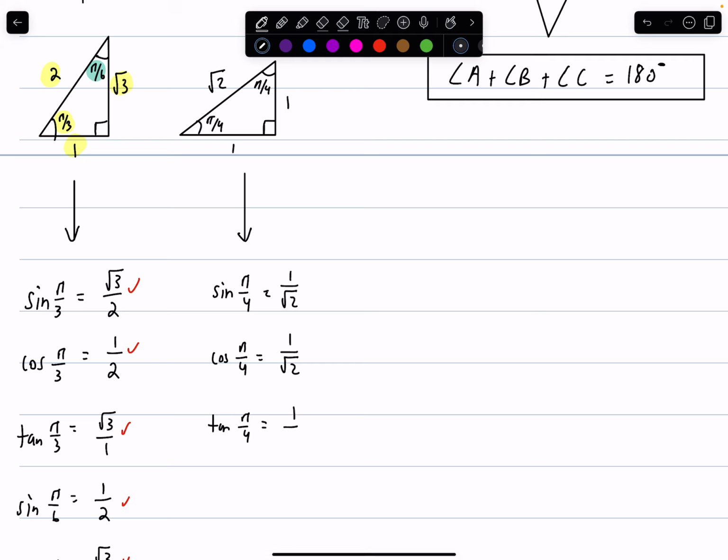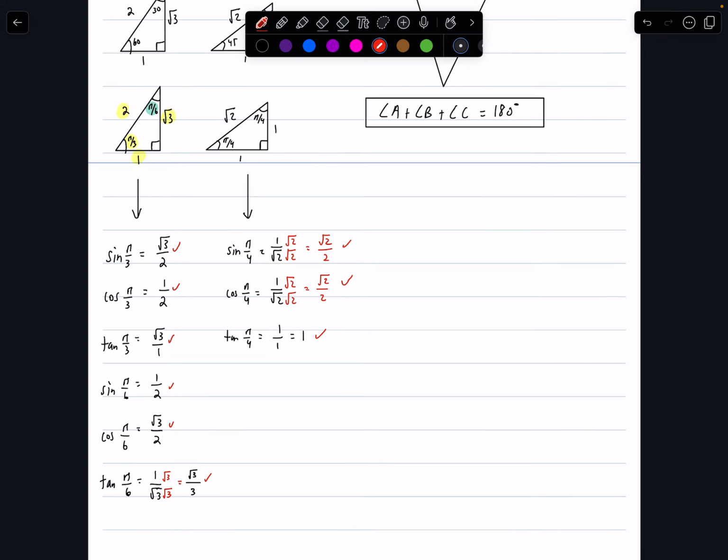And tan pi over 4, we just get 1 over 1, which is just 1. In this case, this one is good, but these two are not good. The reason they're not good is because we cannot have the square root in the denominator. So we have to multiply top and bottom by root 2. What we're left with is root 2 over 2 and root 2 over 2. And now both of these are rationalized.